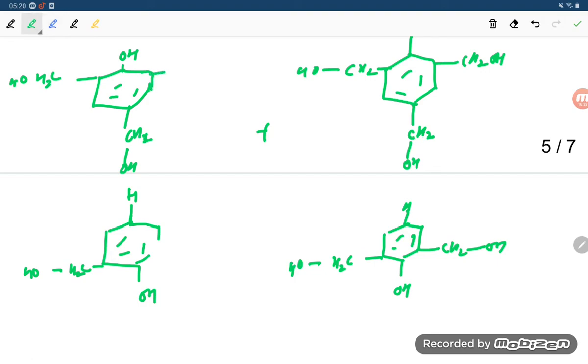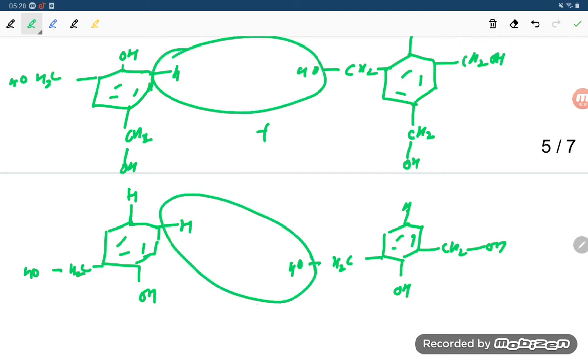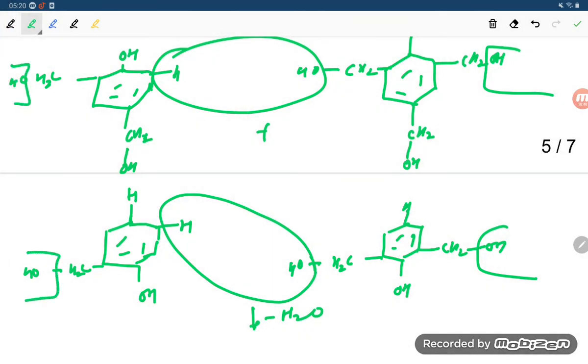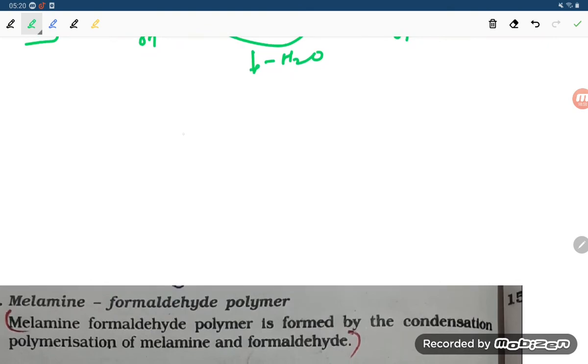So here only H is removed, and here also H. So this OH and this OH get lost, so minus H2O. And here also this OH and this OH will be lost. So what product will you ultimately get, students?